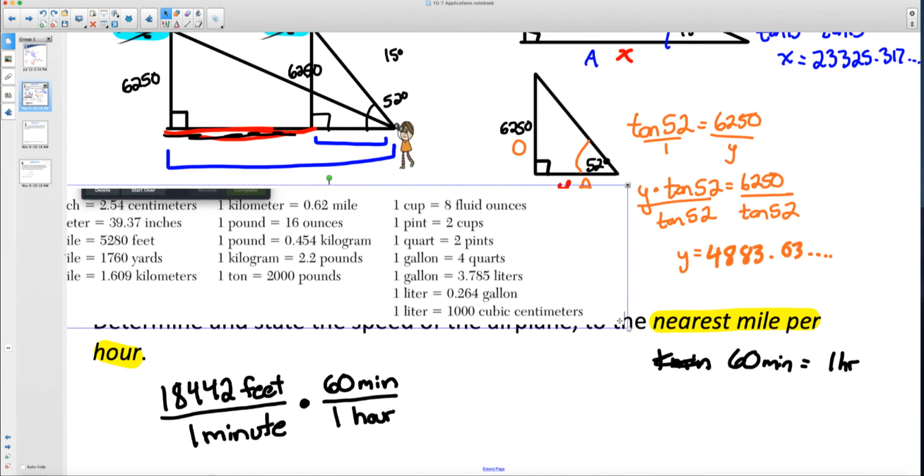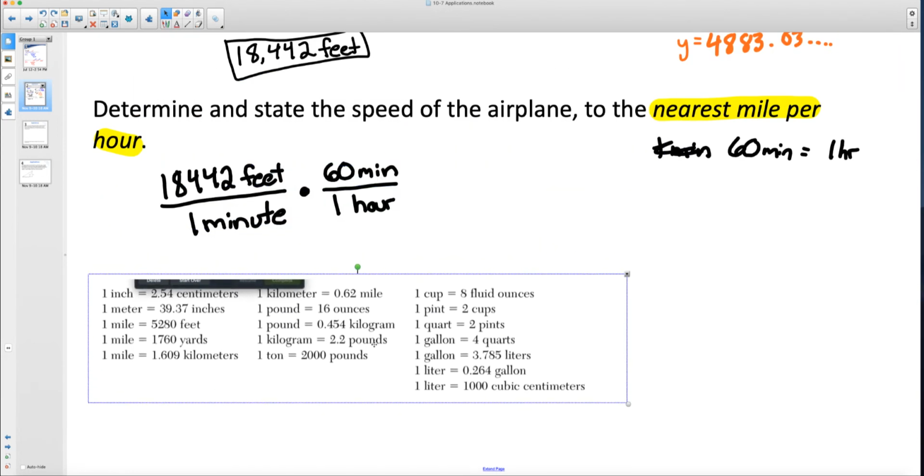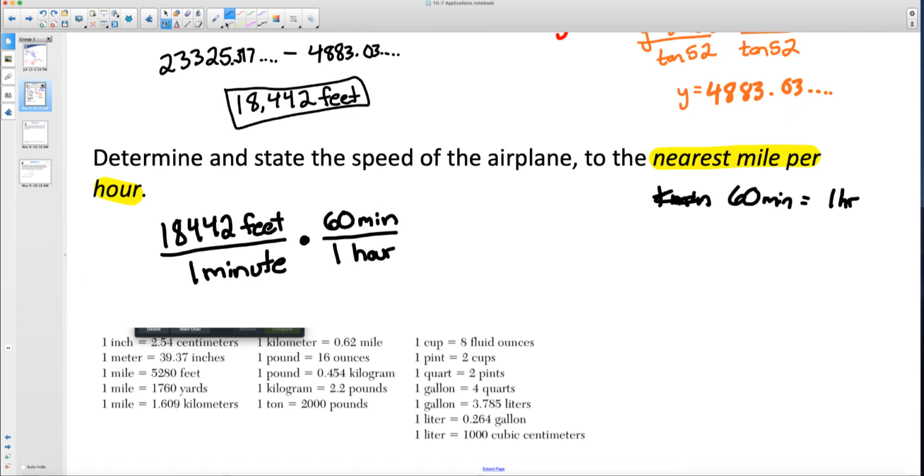Okay, so we can see which conversion we want. We want the conversion to convert feet over to miles. So I'm looking here, and this is the one we want. So we need to multiply, and we want our units of feet to cross out.